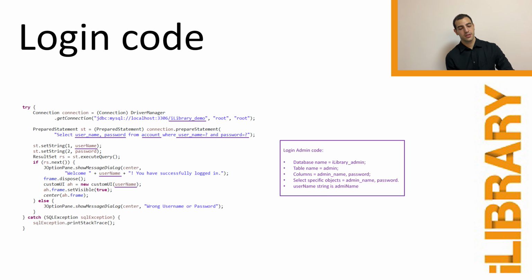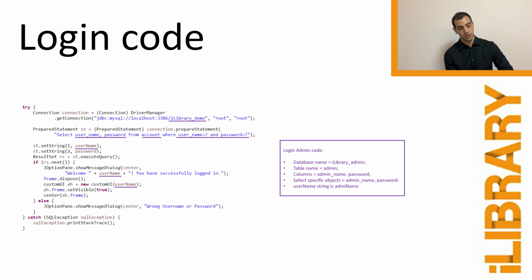The difference is just the database name, the table name, the columns name, and the select specific object, and the username string have a different name, the ones that are related with the admin database.